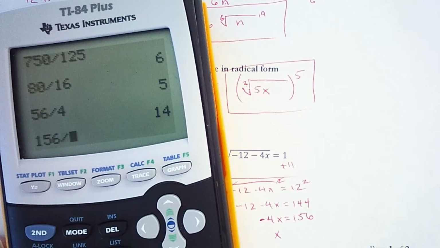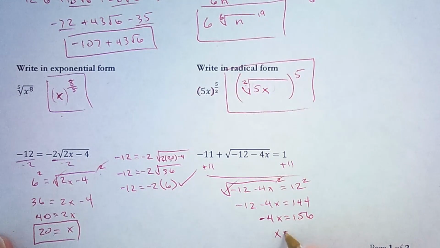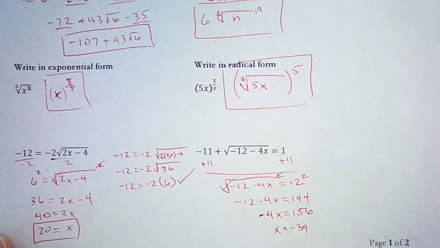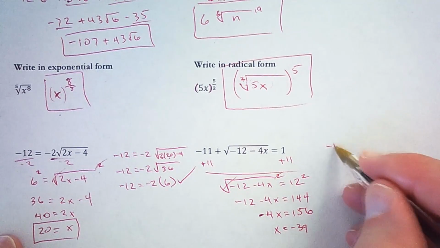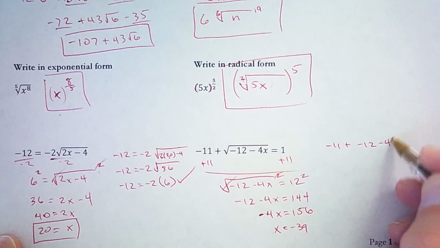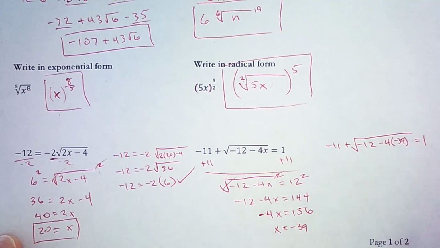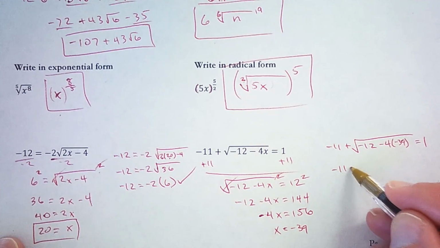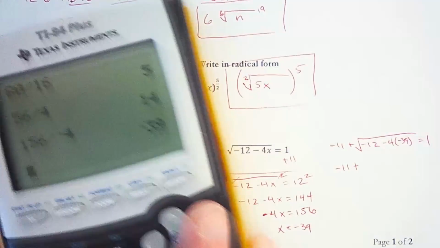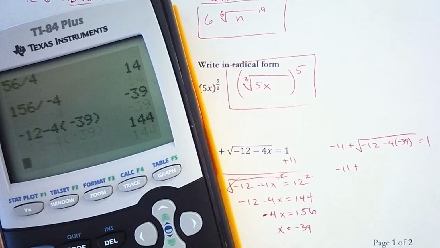156 divided by -4 is -39. And let's check that. -11 plus square root of -12 minus 4 times -39 equals 1. So that's -11 plus -12 minus 4 times -39 is 144.